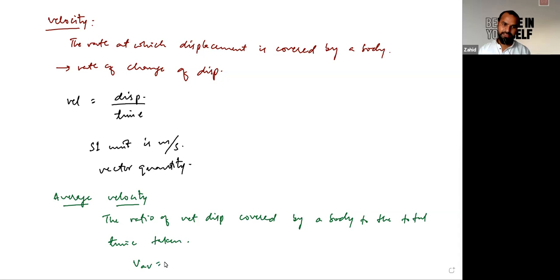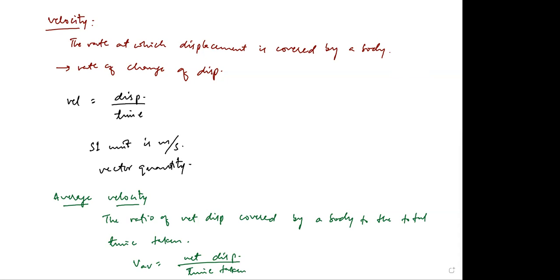So V average is net displacement over time taken. Any doubt to any of you? Salman? No, sir. Okay, just write it down.